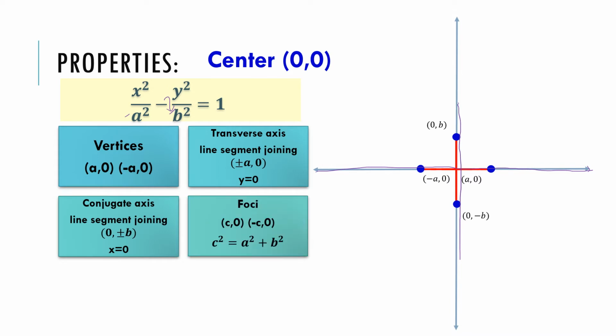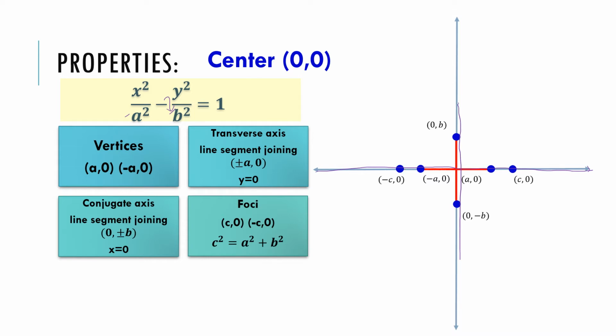Next, the foci. We still use c, but this time, c squared is equal to a squared plus b squared. So, wag malilito kay ellipse at parabola. Diba yun ay c squared equals a squared minus b squared. So, dito naman ay c squared equals a squared plus b squared.